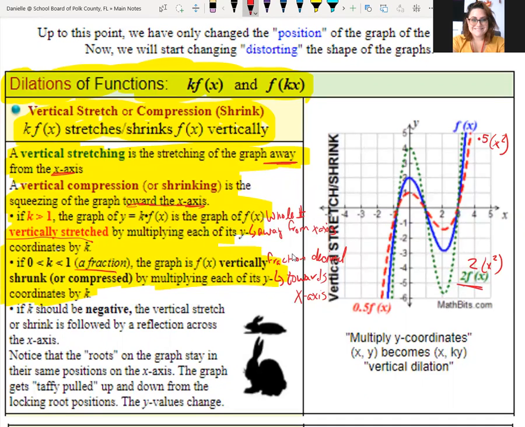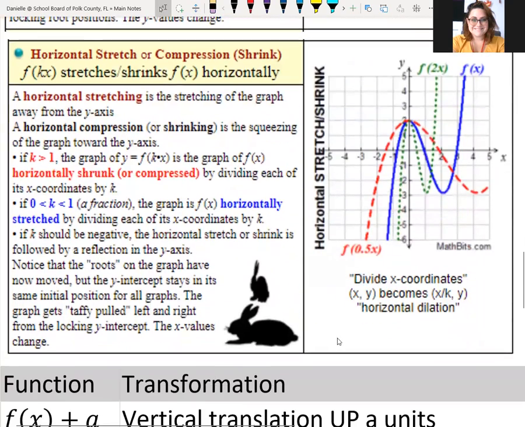Now, notice my green one, it's a whole number. Whole numbers mean we need to go farther away from x. So you'll see from blue to green, it did move farther. And then the opposite from blue to red got closer to x. So again, I suggest you probably pause this to make sure you get everything written down that you can. And then we're going to move on to horizontal, left and right.